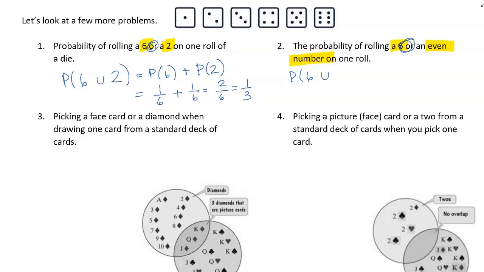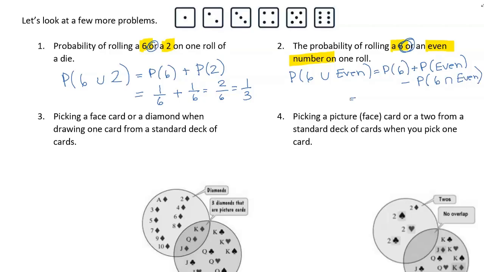So or means union, an even number on one roll. This is going to be the probability of rolling a 6 plus the probability of rolling an even minus the probability of 6 and even.